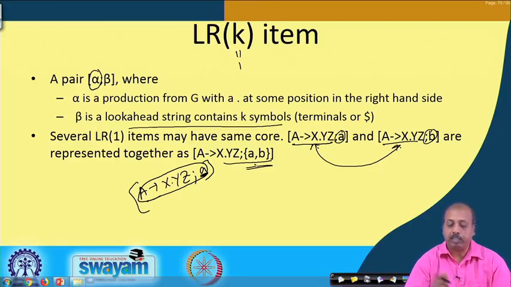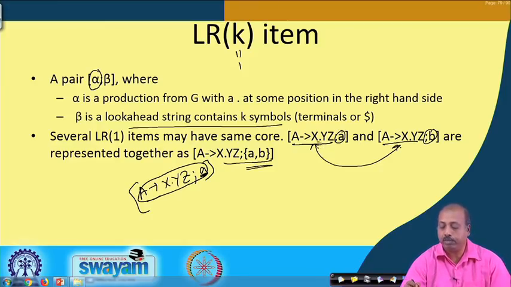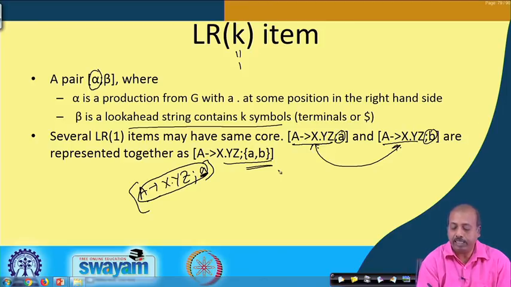In this particular case, we have two such items: A producing x dot y z semicolon A, and A producing x dot y z semicolon B. We combine them together while writing as A producing x dot y z semicolon A comma B. This way we will be representing LRK items, where the core part means the same as in the LR0 item.